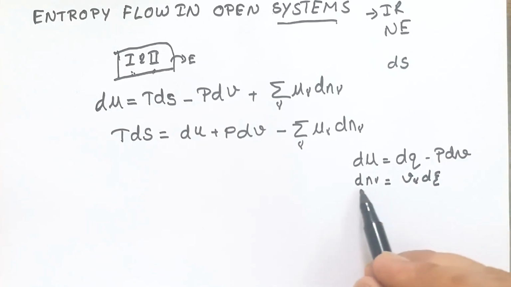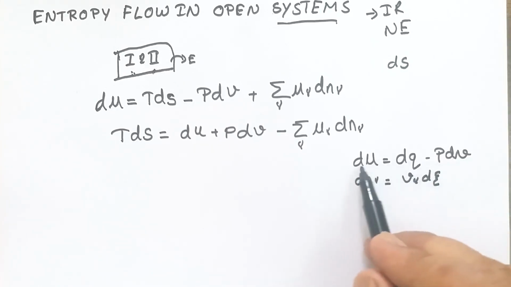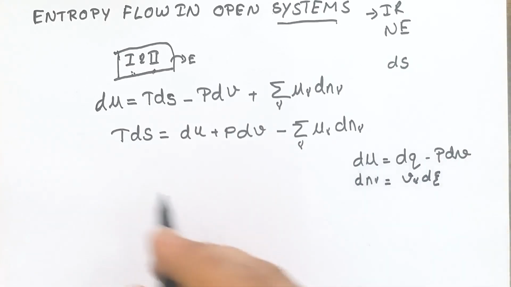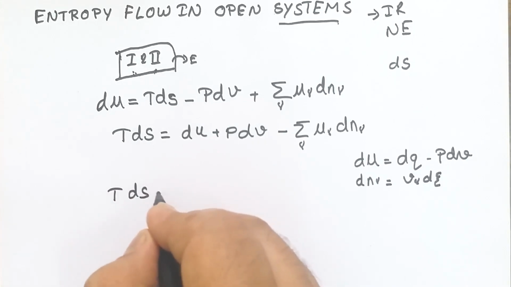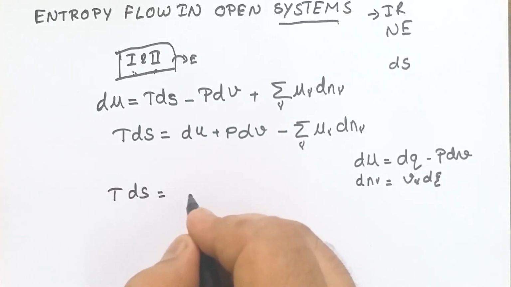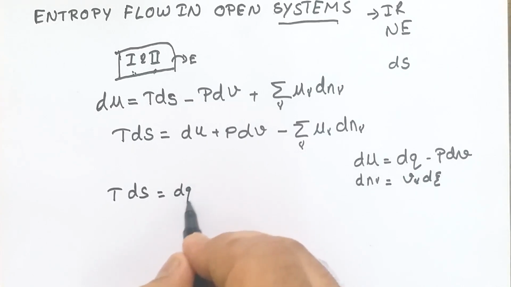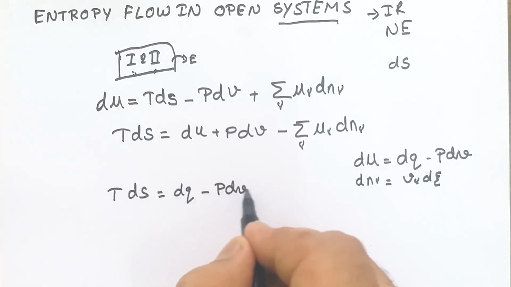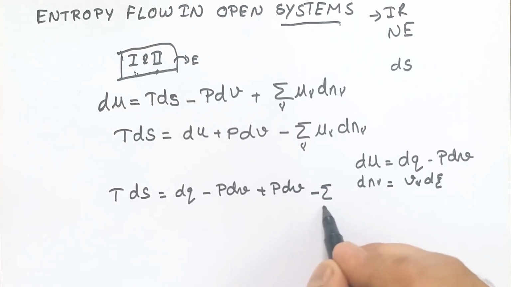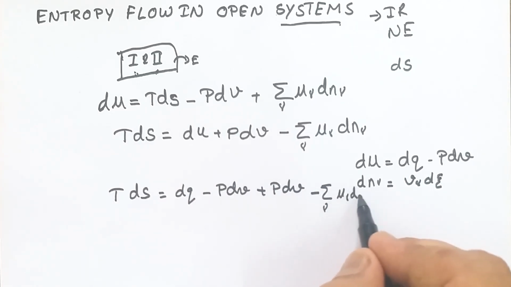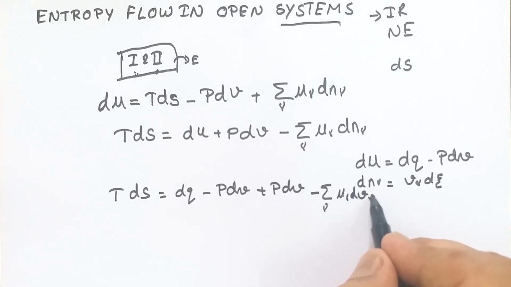So both these values can be substituted over here, and hence TdS will be equal to dQ minus PdV plus PdV minus summation over gamma of mu gamma into dn gamma, which we are substituting with nu gamma into d psi.